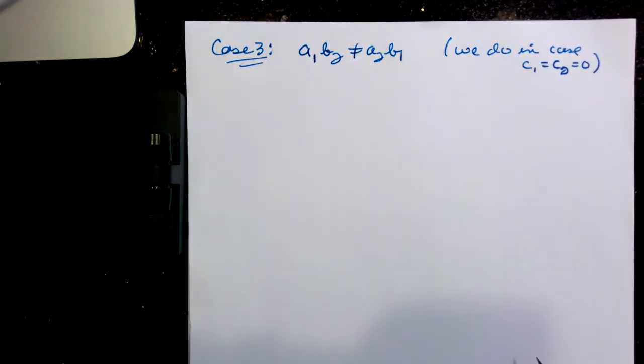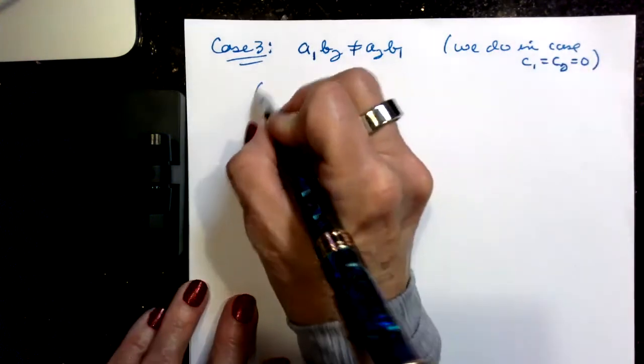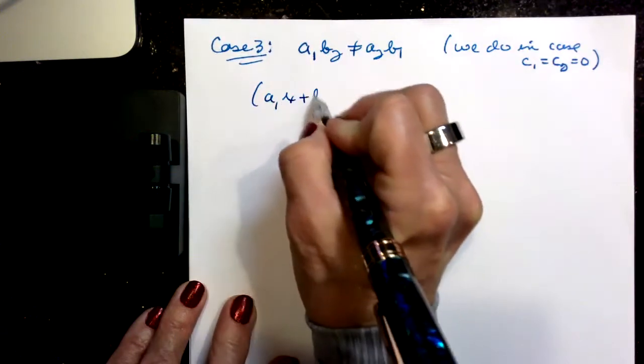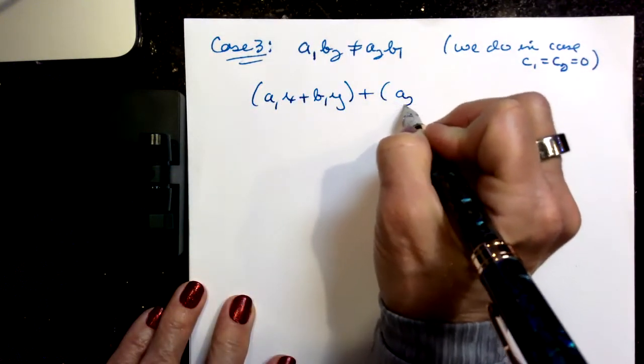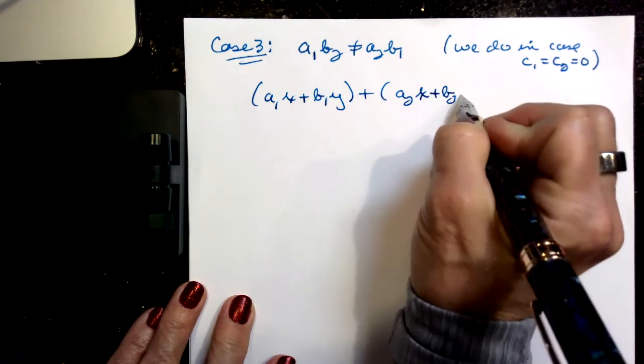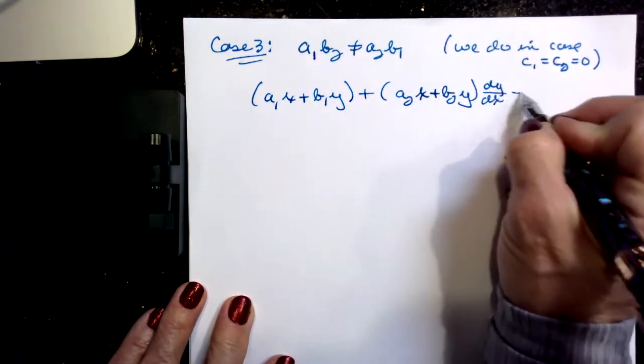And I'll say how you can handle that later on. Then our equation that we started with, because of that assumption, looks like (a1x plus b1y) plus (a2x plus b2y) dy/dx equals 0.